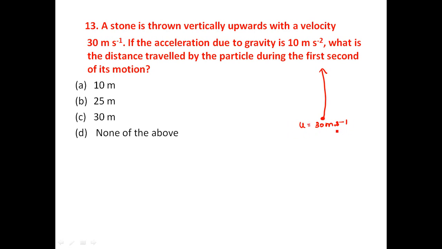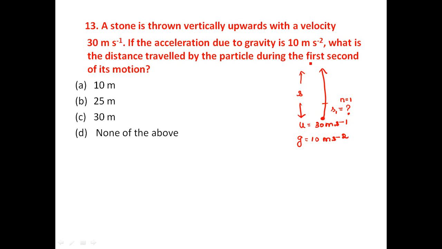What is the acceleration due to gravity here? They have given us to be 10 meter per second square. What is the distance traveled by the particle? We have to find the distance traveled s by the particle during the first second of its motion. Let us say the distance traveled from here to here, that is when n is equal to 1.